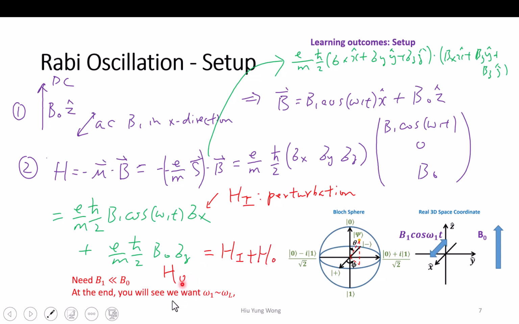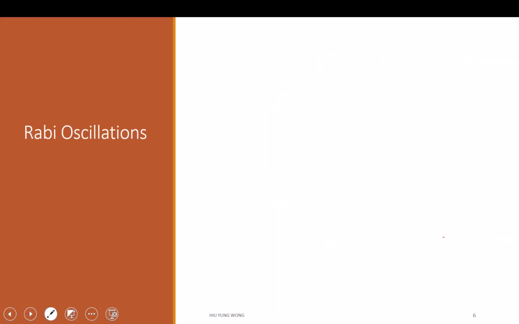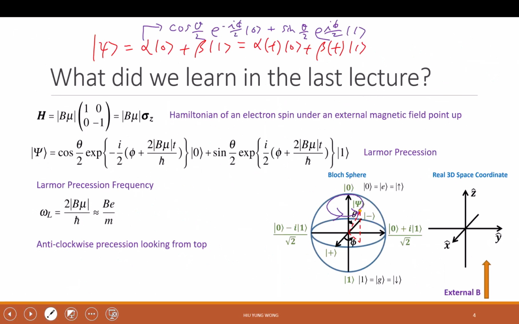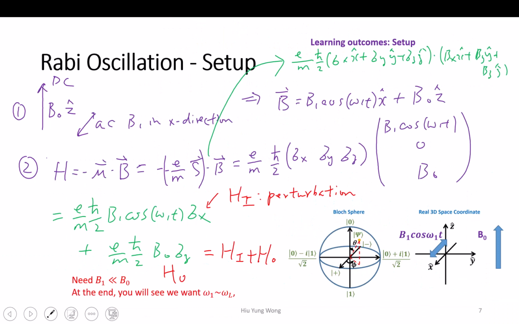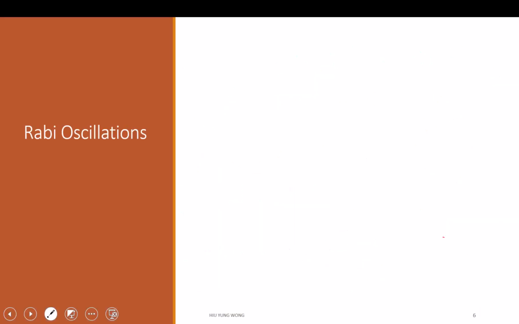Now, what is H0? Let's look at it carefully. It's just B0 times e divided by m times h bar divided by 2. This was the Hamiltonian of this one. This is exactly the same as that one, because the mu, what you saw there, is e h bar divided by 2m, right?